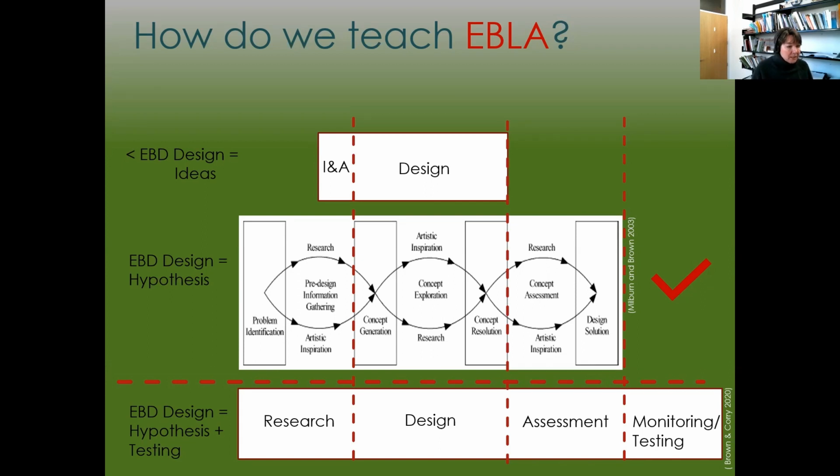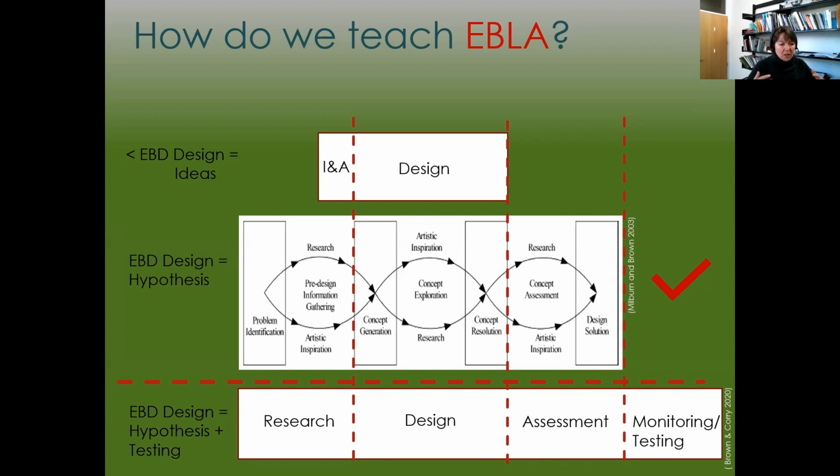Then we hit this evidence-based design process, which Milburn and Brown developed in 2003. And that tried to weave creativity with research, which is one of the main criticisms of evidence-based landscape architecture: where does the artistic happen? If we put in too much research, all of a sudden new innovation and creativity may be lost.